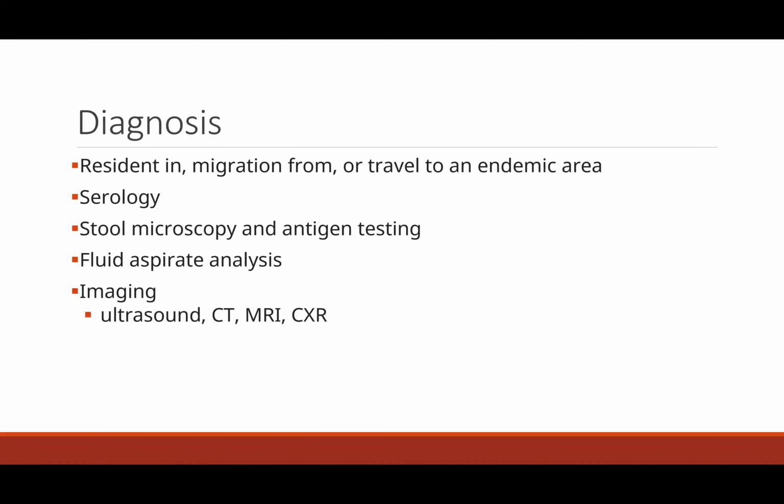In terms of diagnosing amoebic liver abscess, it should be suspected in the setting of fever and right upper quadrant pain with relevant epidemiology, of course. In the setting of suggestive findings on imaging, confirmatory serologic or antigen testing should be done. And if you can, you should also do stool microscopy or stool antigen testing.